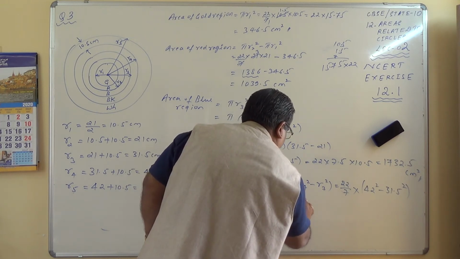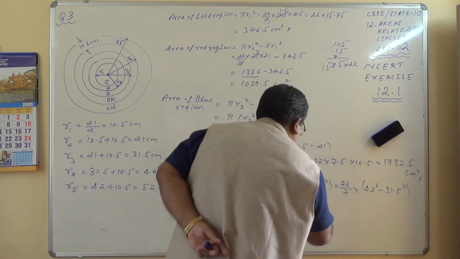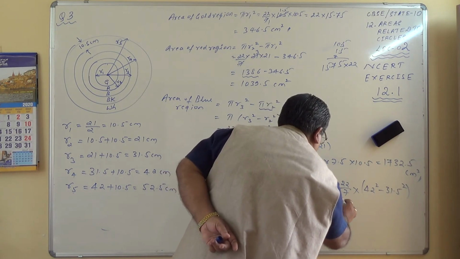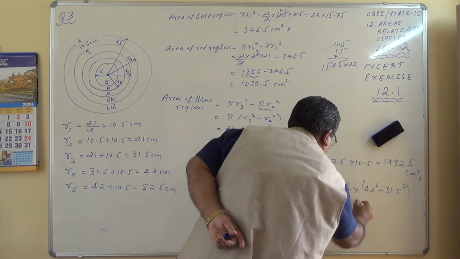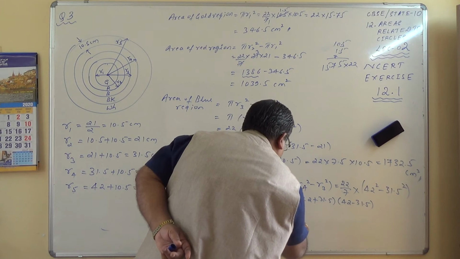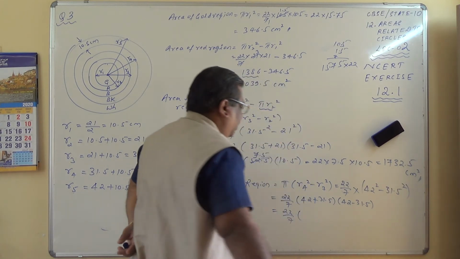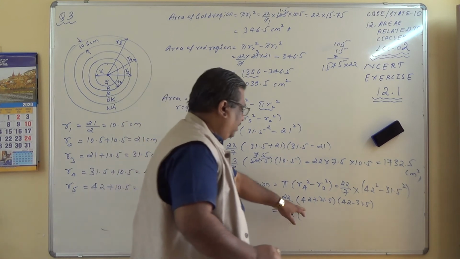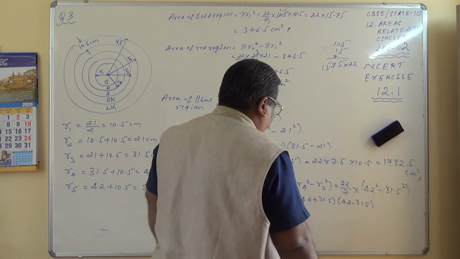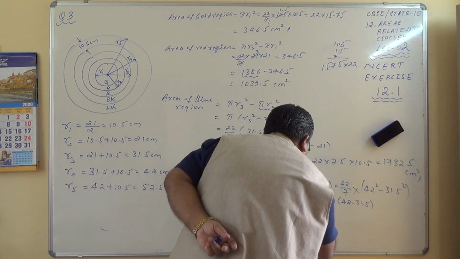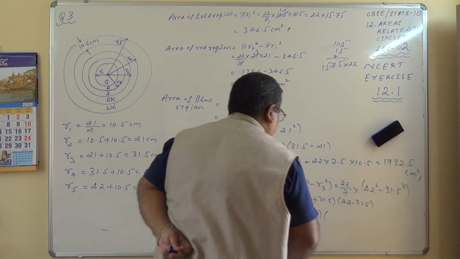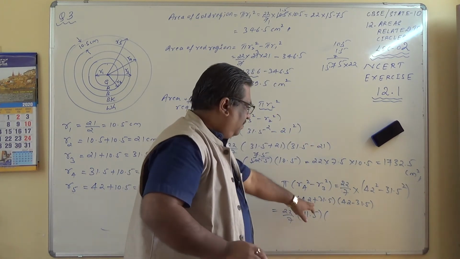22 by 7 into 42 plus 31.5 into 42 minus 31.5.